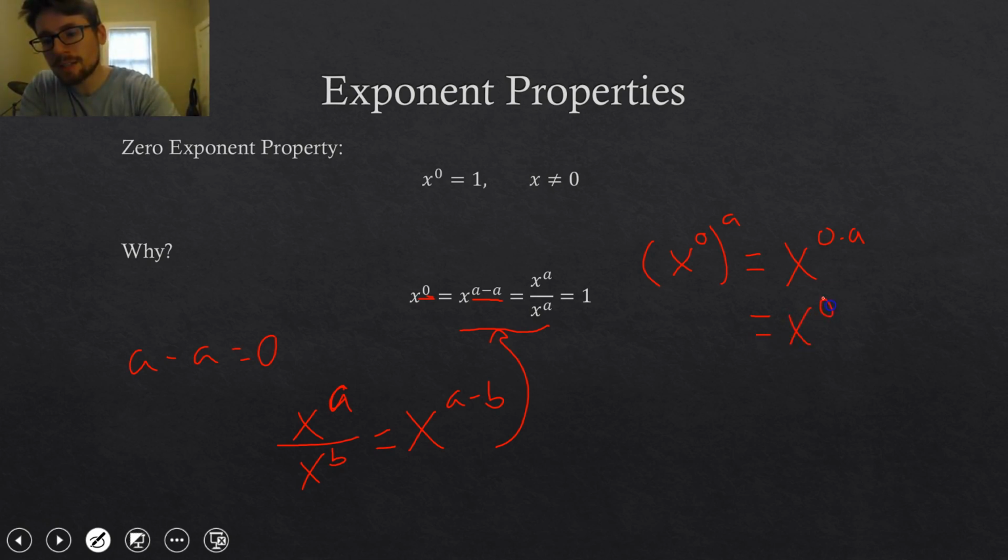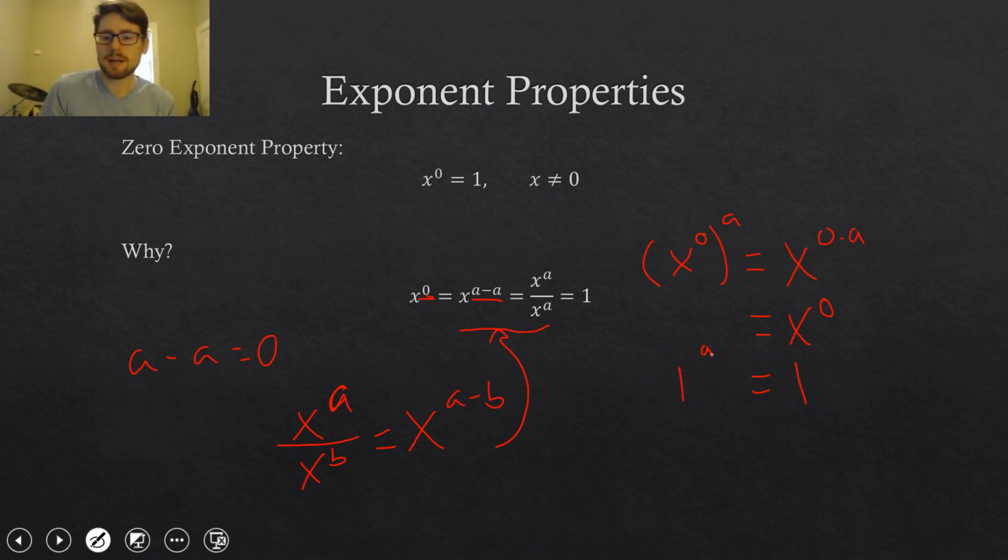So it's equal to x to the 0, right? And that makes sense. This would be equal to 1, because we're saying 1 to the a power, 1 raised to any power is equal to 1, and that's true, right? So it makes sense that x to the 0 is equal to 1, okay? Because if you were to do this property as well, you would get that.